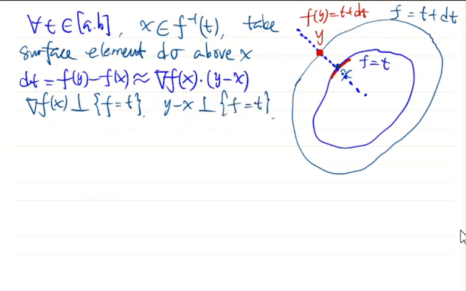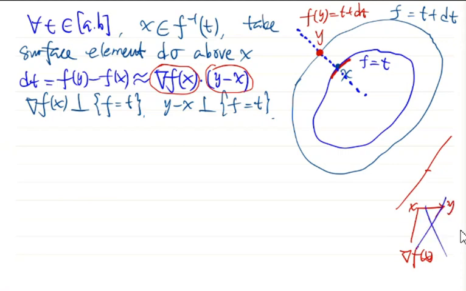That is to say, these two vectors in the inner product are collinear. Okay, they are in a line. This is not the case. The case is this case, where x is here and y here, maybe the gradient is here. Okay, they are in the same direction. If dt is positive, they should be in the same direction.